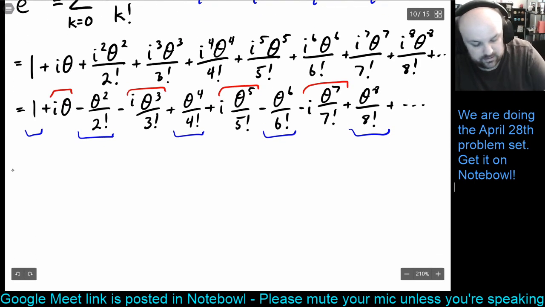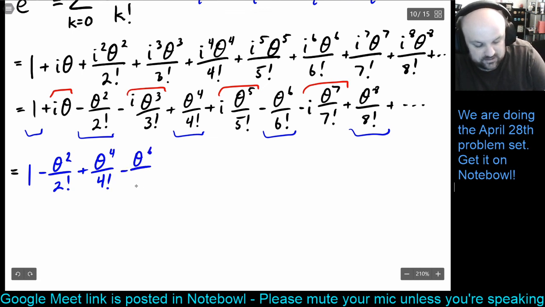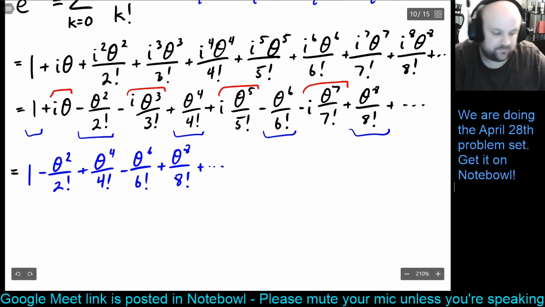So all the blue ones: 1 minus theta squared over 2 factorial plus theta to the 4th over 4 factorial minus theta to the 6 over 6 factorial plus theta to the 8 over 8 factorial, dot dot dot.